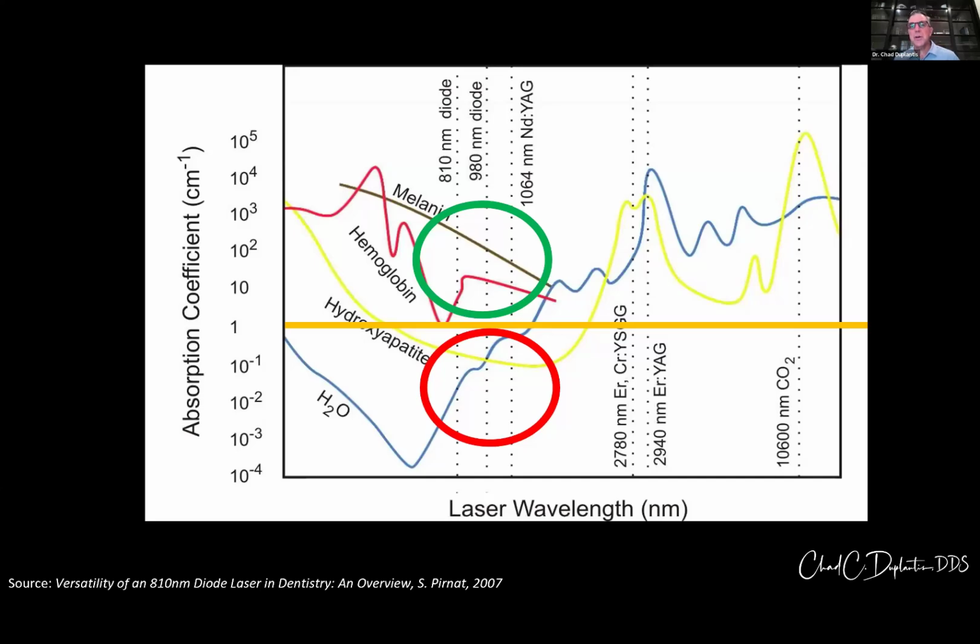And as we go further up the chain, we can see that some of our other lasers on the market are more hard tissue lasers, which we hear all about, the painless cavity preparations and the removal of hard tissue. And as they go up in their abilities, of course, they're going to go up in price as well.